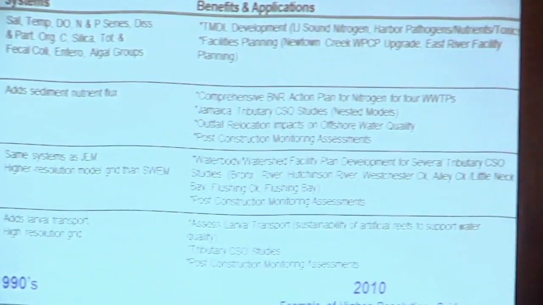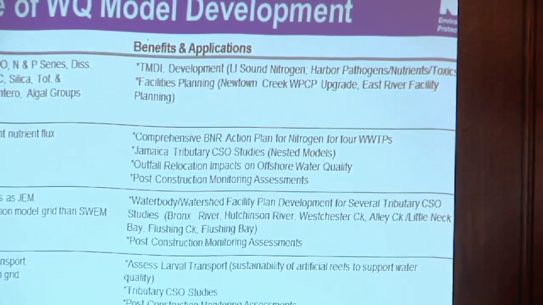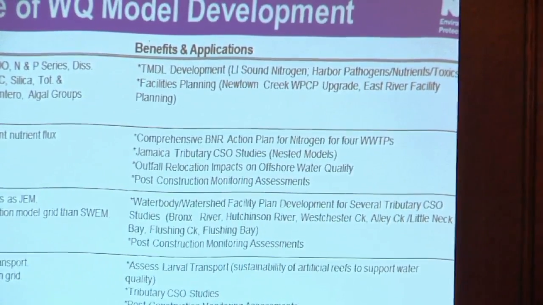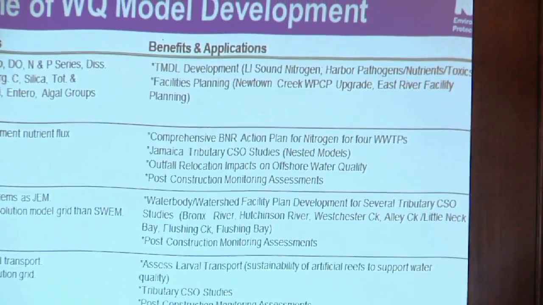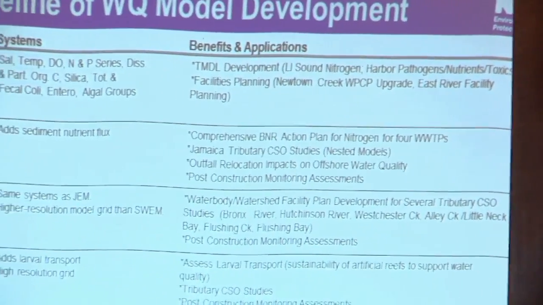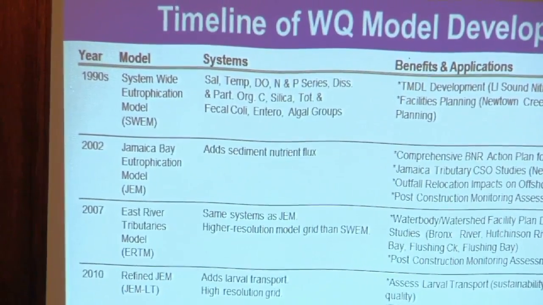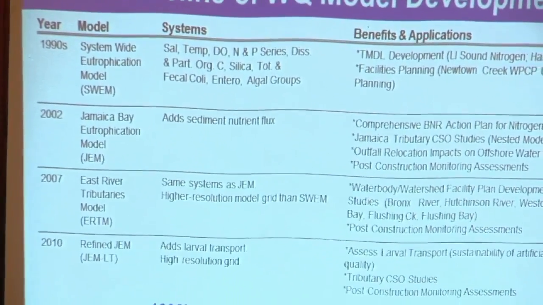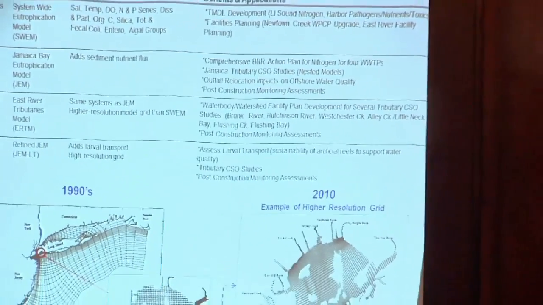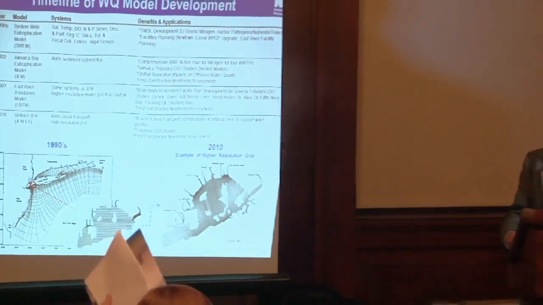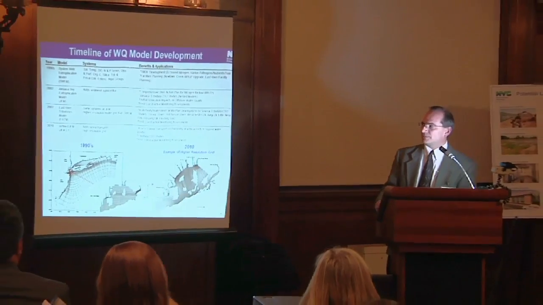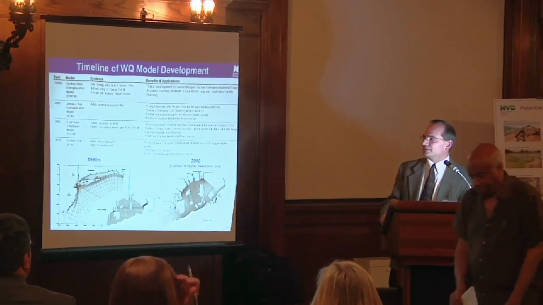The improvement we made was to be able to analyze that dissolved oxygen system better than we had before, because in Jamaica Bay there is something that happens that's important to that system, and that is the interaction between the sediments and the nutrients and dissolved oxygen in the water column. So we added that capability to the model because it was very important in Jamaica Bay.